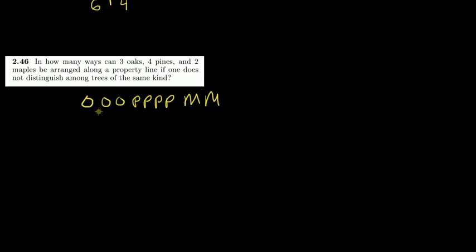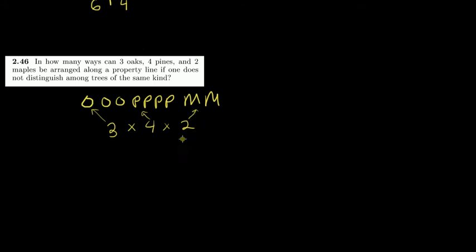Okay, so a very common mistake students will make with this is they'll say, oh well, I have 3 oaks times 4 pines times 2 maples. Now this is basically using the fundamental counting theorem. That is not going to work for this problem because it's not that we're choosing one of these, right?